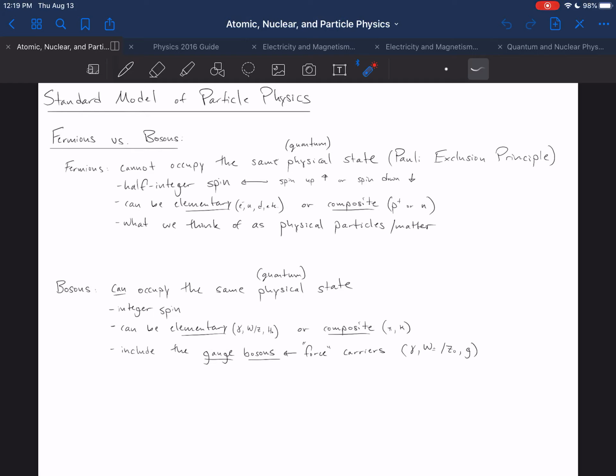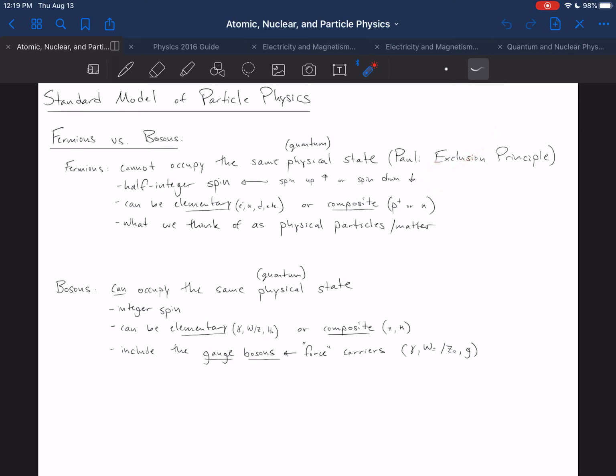And they have what is known as half-integer spin. So that spin up or spin down, those arrows that I pointed to, are related to a fundamental physical property known as spin that is loosely related to angular momentum.